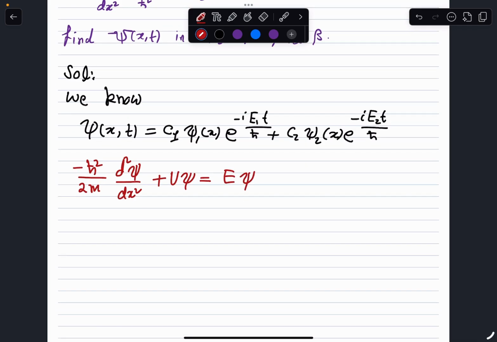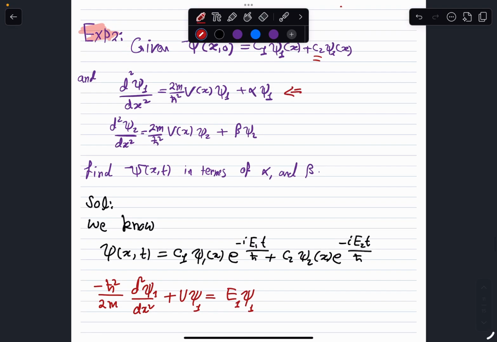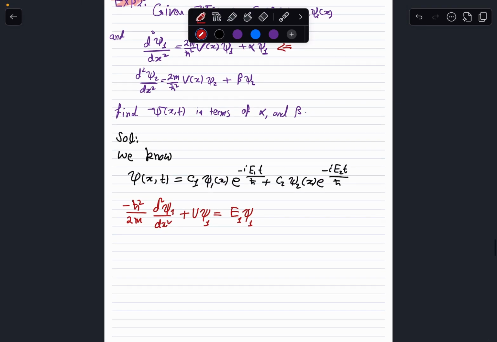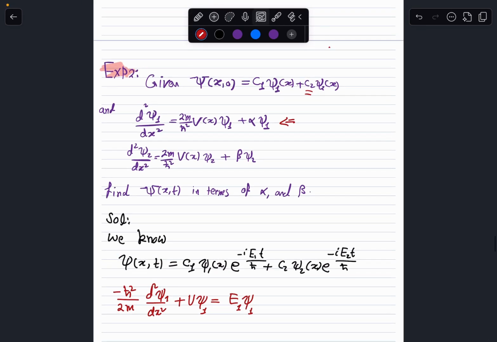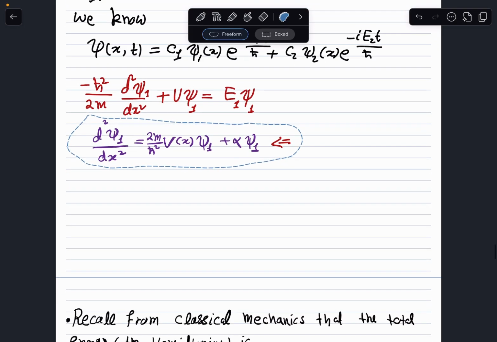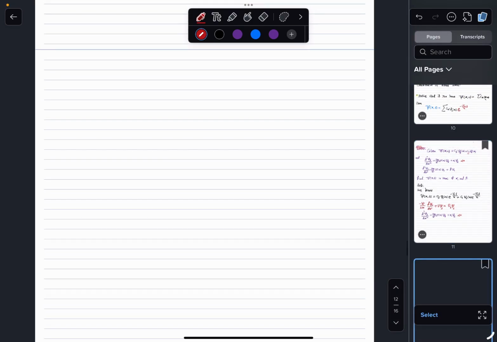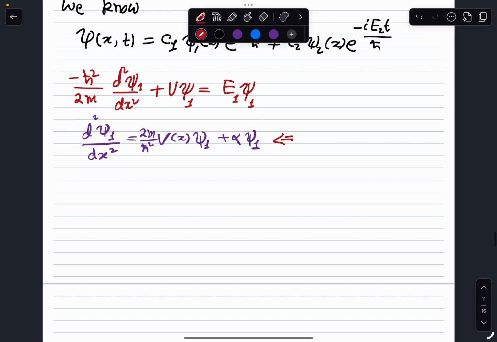So for example, for E1, we just put an index 1 here. But is it given this information? Yeah, from here. So what we need is to rewrite it. So if we rewrite it, what will we get? Let me just copy paste it to see how we can play with it. All we need is just to rewrite it in this form.